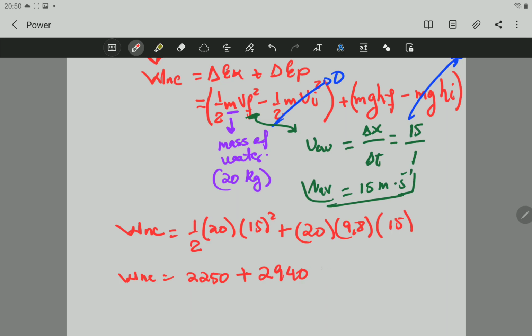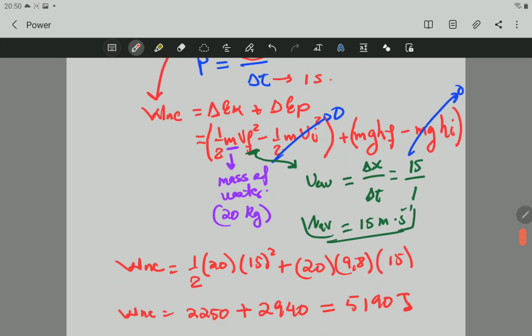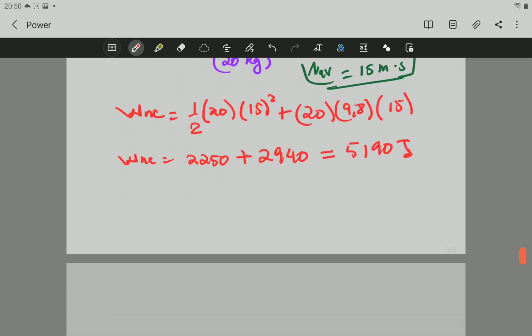When you add those two numbers, 2,250 plus 2,940, you get 5,190 joules.